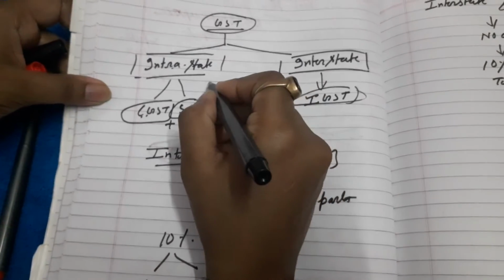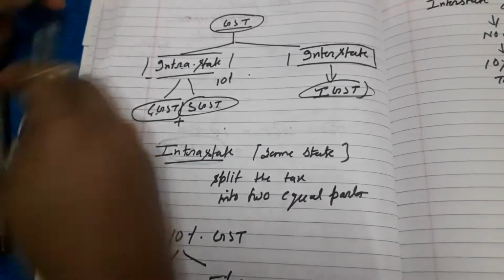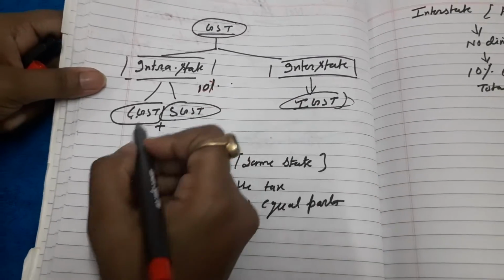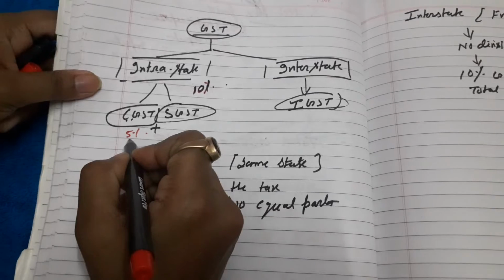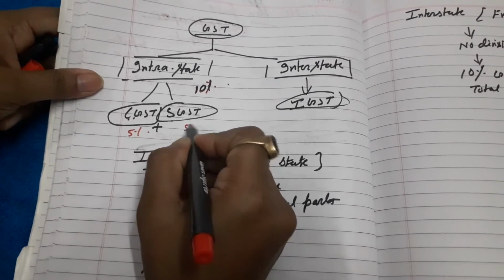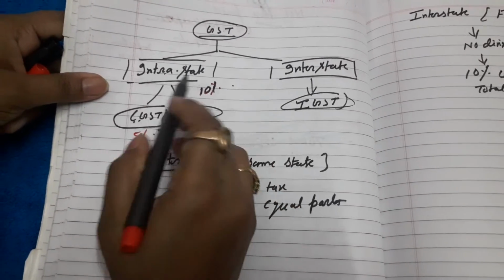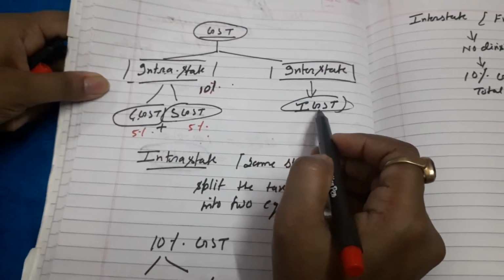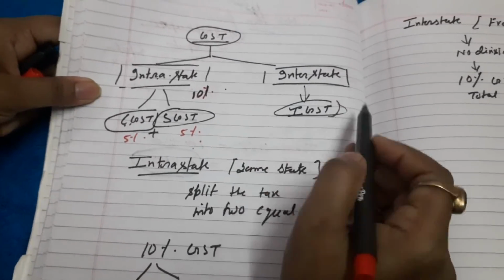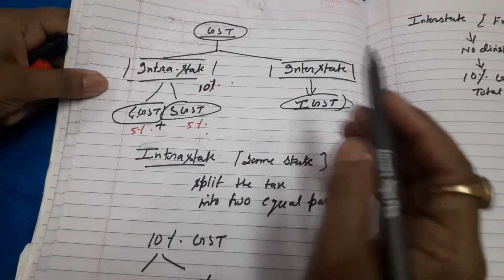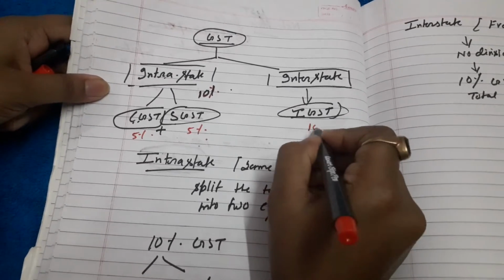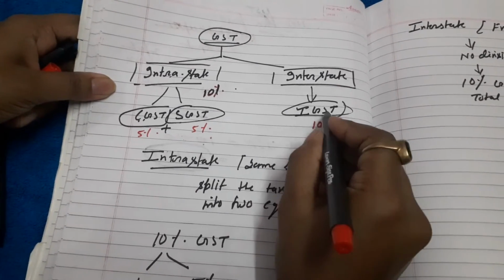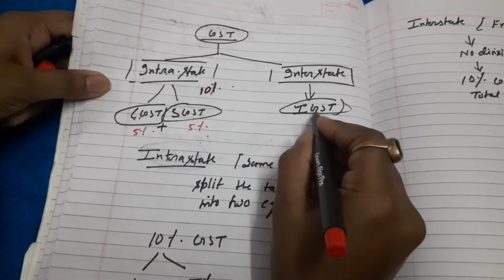If we have to pay 10% GST on any article, it means we pay 5% to the central government and 5% to the state government, if this dealing is intrastate, means in the same state. If the dealing is interstate, means from one state to a different state, then the whole 10% will go to the central government and it is named integrated GST.